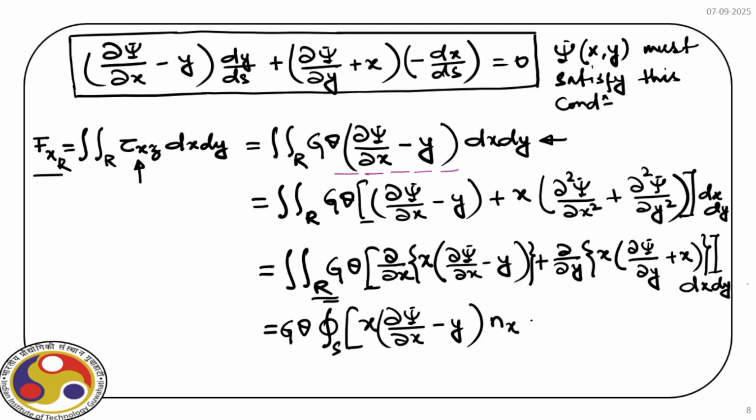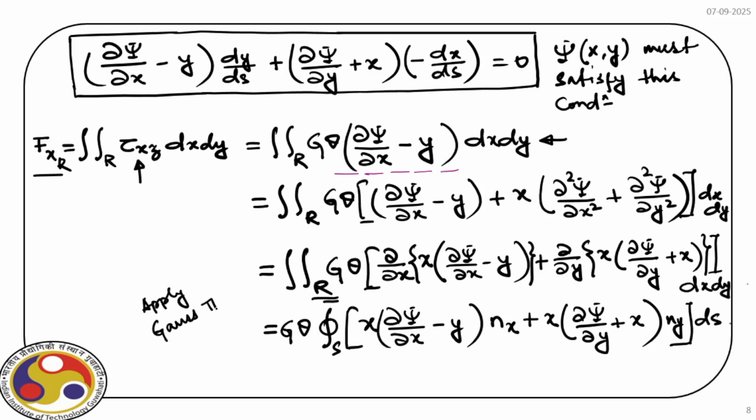Nx is basically the direction cosine, plus we have x times... so what we do, we apply Gauss theorem.